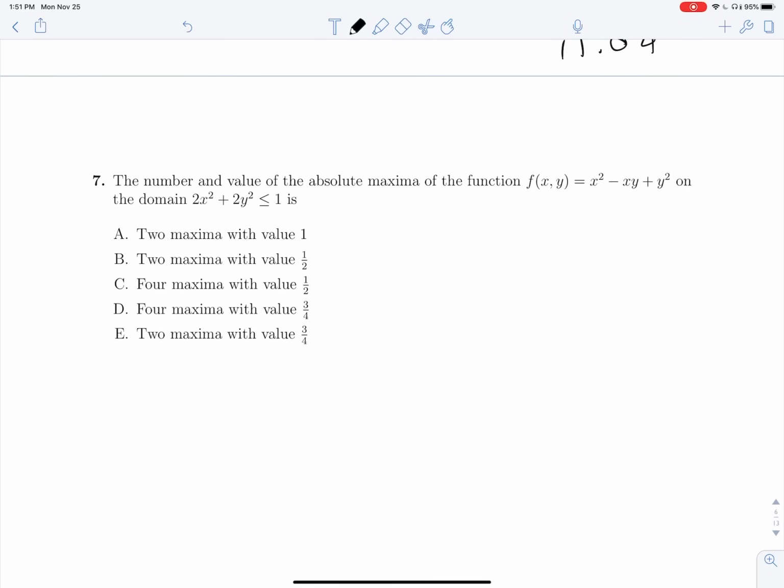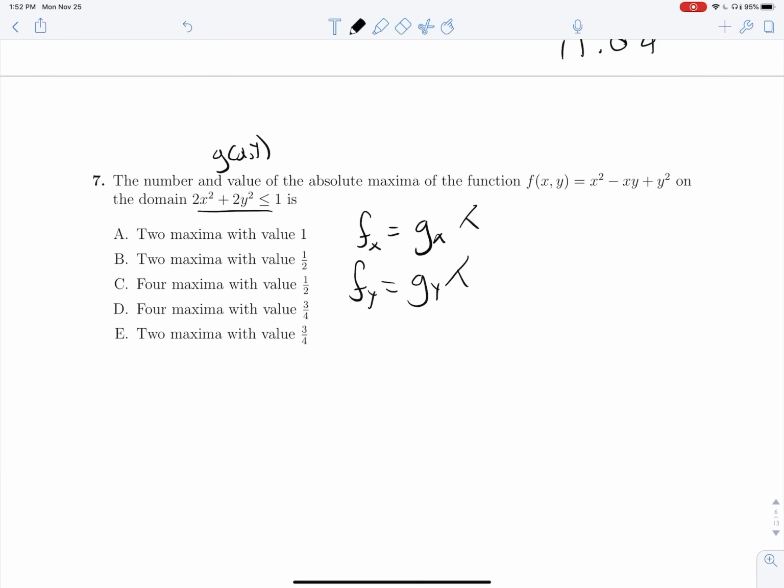Okay, the number of absolute maxima, the value, oh God, I can't read today. The number and value of the absolute maxima of this function on this domain is what? So Lagrange multiplier time. We know that fx is equal to, if we're calling this constraint function g of x, y, fx is going to equal gx times lambda, and fy is going to equal gy times lambda, where lambda is just some constant that makes these guys parallel.